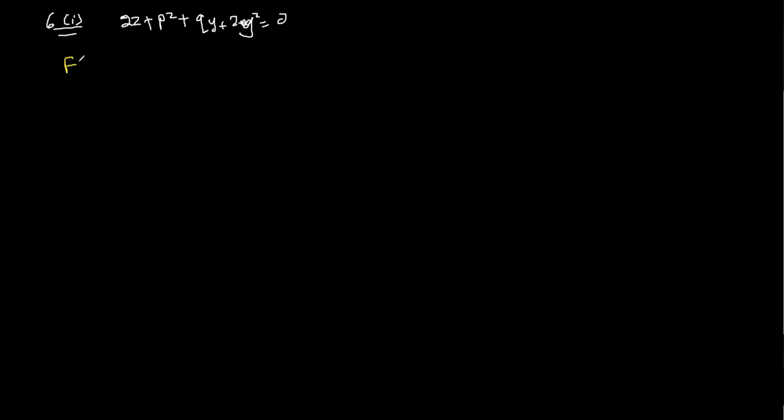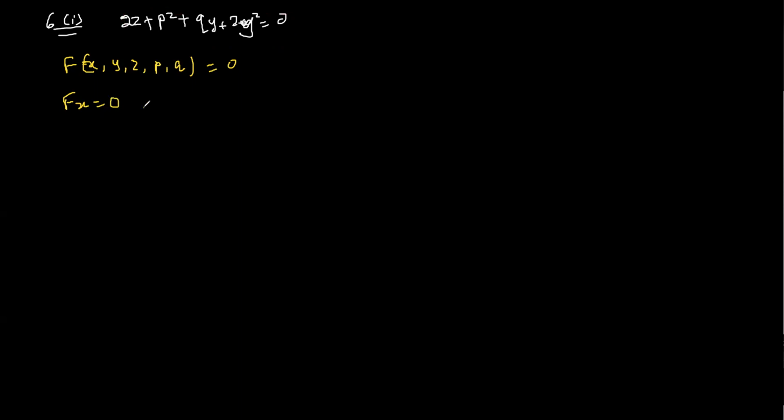Tell me, in the given function, what is given? x given, y given, z given, p given, q given, right? Let's suppose this is f equal to 0. First we find fx. Fx means differentiate with respect to x. Since there is no x, this is 0.